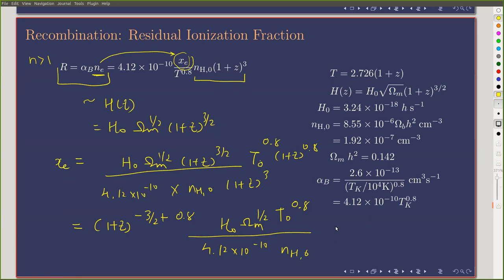I'll wait for a few minutes. If you have a calculator, just put in all these values and let's derive the residual ionization fraction. Mind that this is just an order of magnitude approximation, where we have simply equated the recombination rate to the Hubble expansion rate and not done anything more sophisticated, but it still gives the correct order of magnitude. So if you want, please calculate and somebody tell me what value you get.